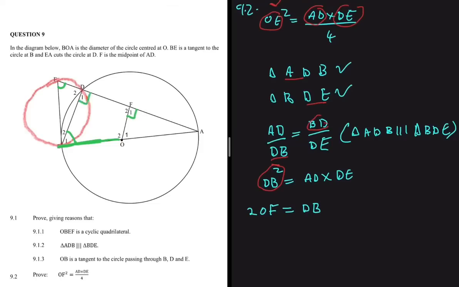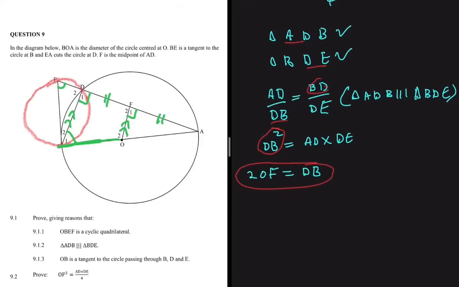So if F1 is 90 and D1 is 90, then we know that OF should be parallel to DB. But because F is the midpoint of AD, we have AF equal to FD. If AF is equal to FD, then OF should be half of DB. So that is why I'm saying that 2OF is equal to DB.